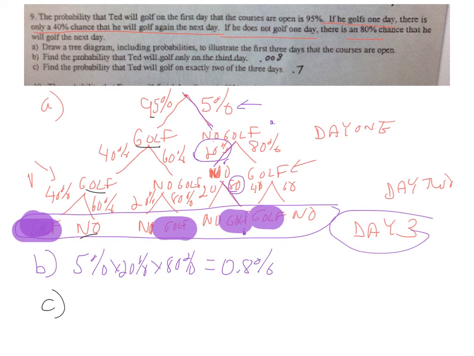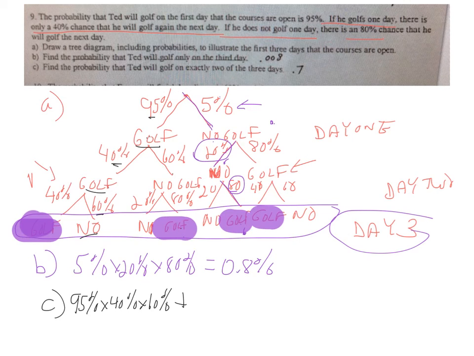So for that one, we're going to take 95, 40, and 60. And then if there are others where he golfs for exactly 2 out of the 3 days, we have to keep adding those probabilities in.